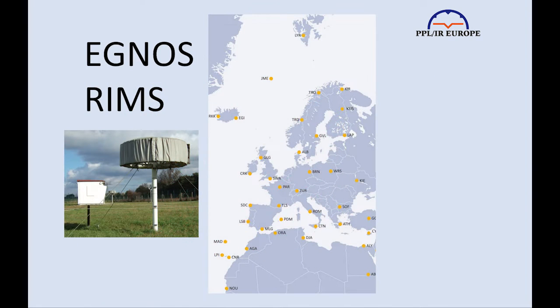SBAS has a network of ground stations called RIMS. To give you an idea, there is approximately 1 RIMS per country of Europe. There are 2 in the bigger countries, like France, Spain, and the UK, but none in Benelux, so it sort of averages out. There are also RIMS on the periphery, in Africa, Jan Mayen, Svalbard, and Turkey, to give wider coverage.